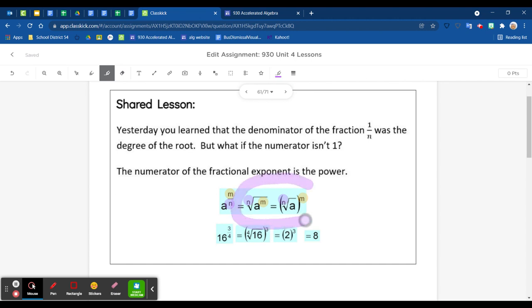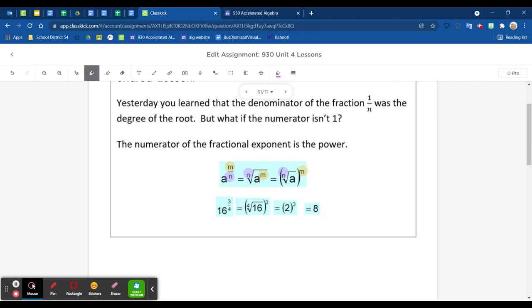But obviously right here, you have one where the exponent's underneath the radical and one where the exponent's outside the radical. And that really doesn't matter. You'll get the same answer either way, but we're mostly going to just take the exponent to the outside and do it at the end because it's going to be easier.